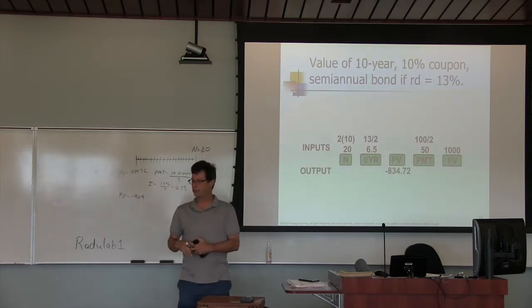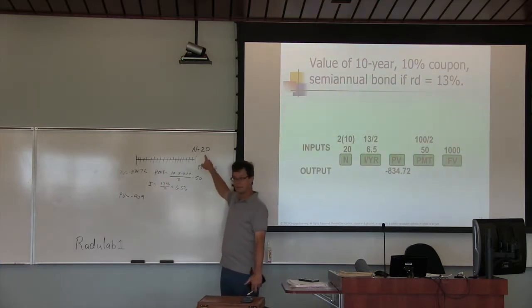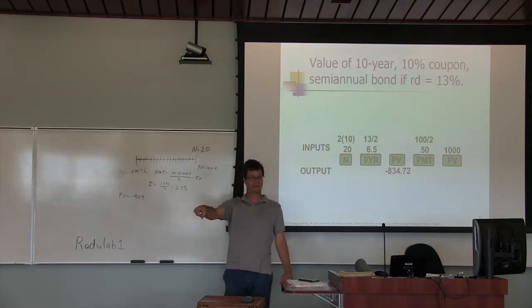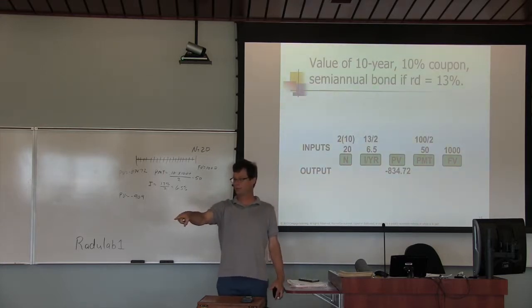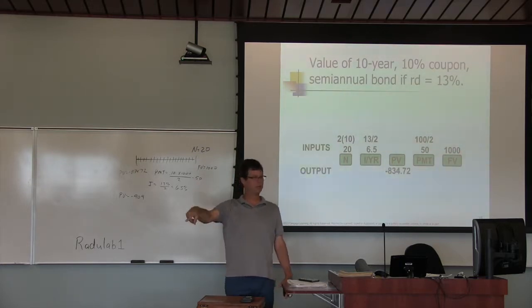You calculated that based off of 20 semi-annual payments, $50 semi-annual payments. So you calculated the semi-annual yield to maturity. What do you need to do with that now to turn it into your annualized yield? Times it by 2. Double it up.